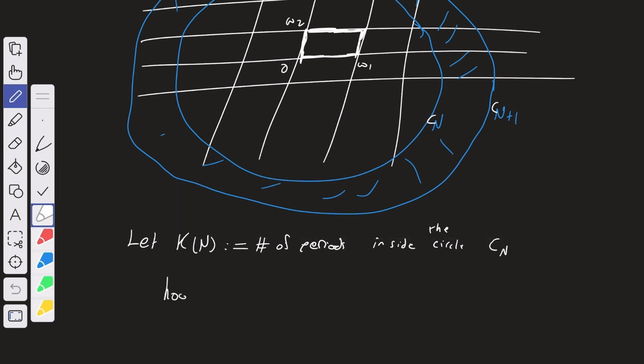And we ask the question, how many parallelograms, in this case unit squares, can we fit inside a circle?